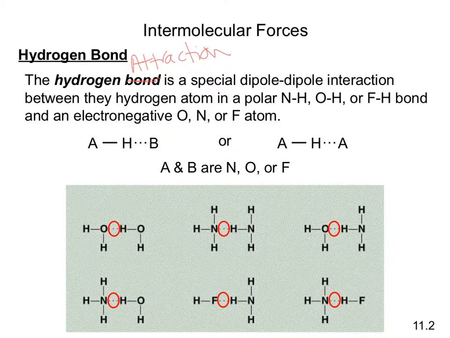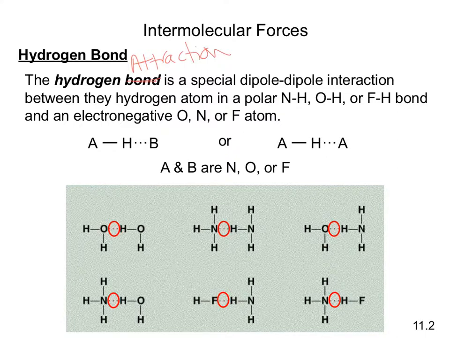And in that one, it can do a similar thing. It can be attracted to the H here. So, since hydrogen bonds are just a special dipole-dipole interaction, they can interact with any of those other dipoles as well. It just won't be quite as strong.